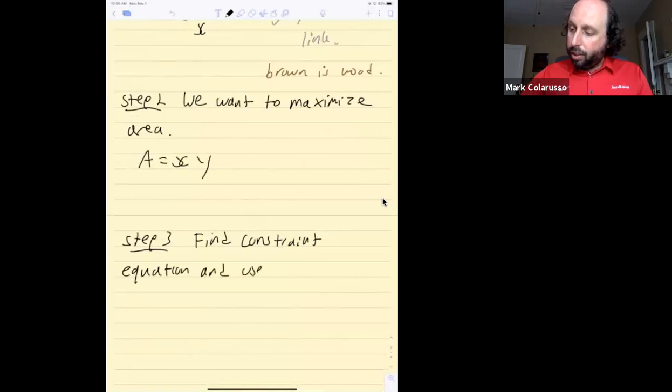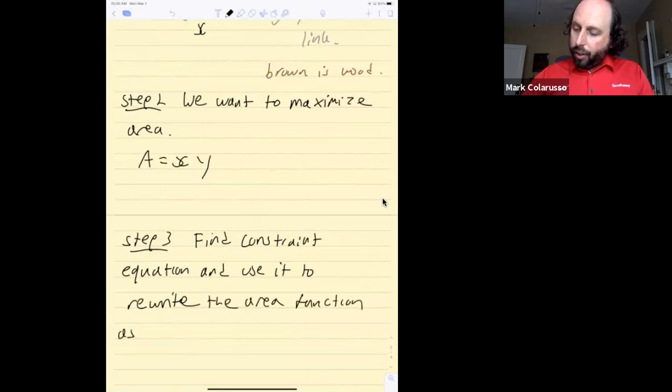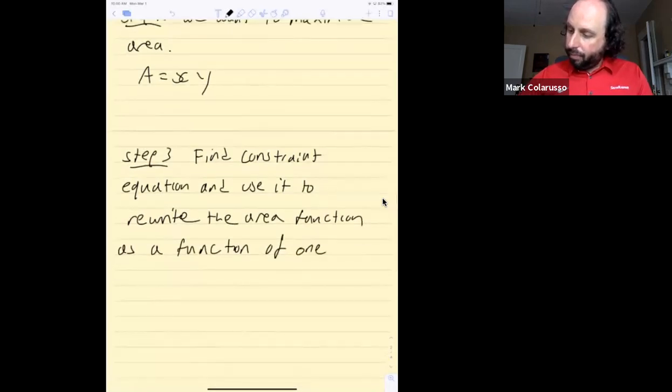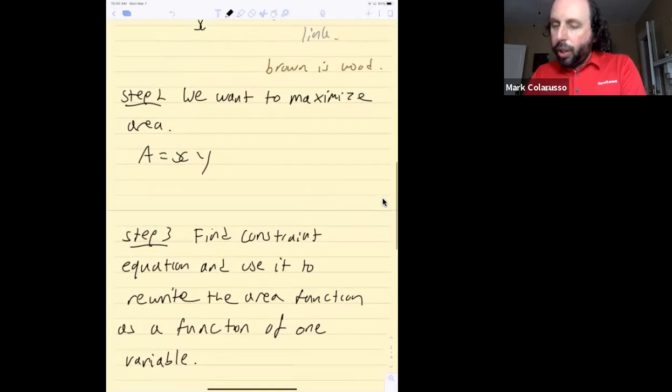Find the constraint equation and use it to rewrite the area function as a function of one variable. Now this is trickier because the constraint has to do with the cost.